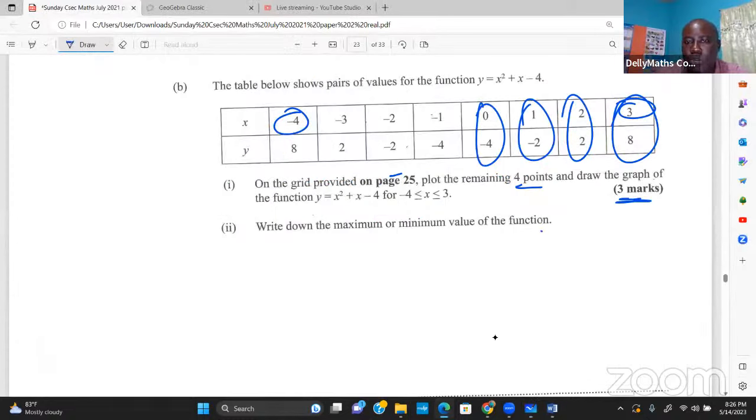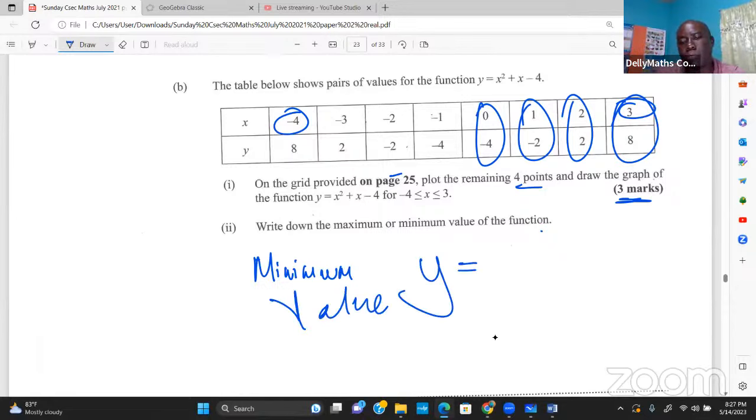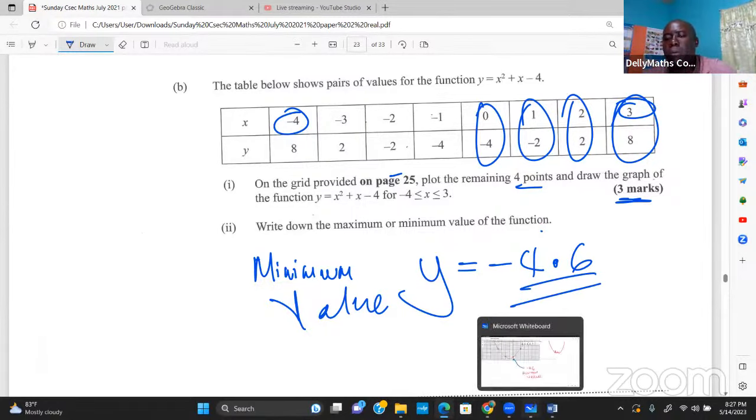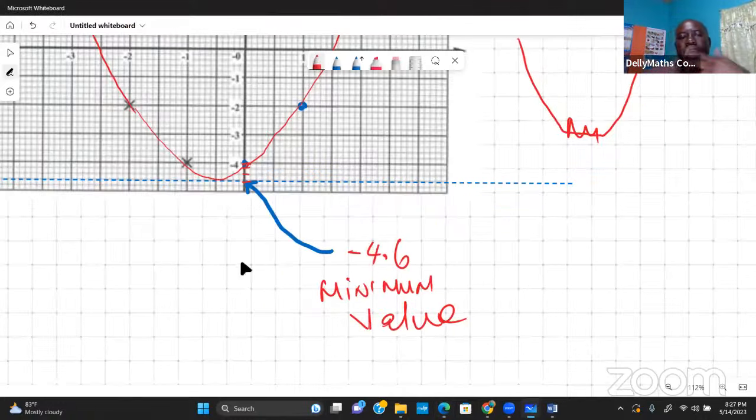I'll definitely tell you that this minimum value is always a y value, negative 4.6. That is based on what I saw. But remember, when you draw your curve, you will get a different thing. All right? So don't stress yourself too much. So there are multiple answers here, depending on how you turn.